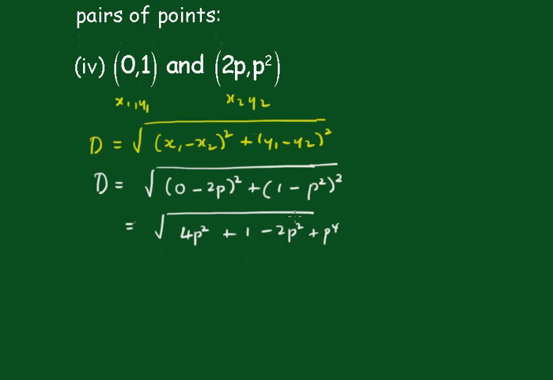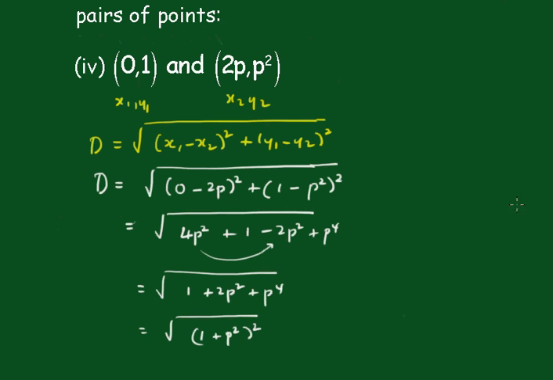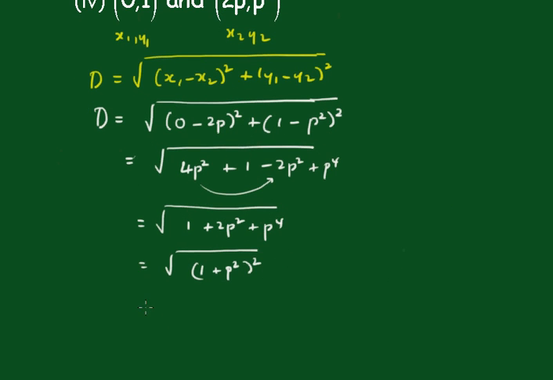Now note, this is a perfect square, so we add this one to this one, we get 1 plus 2p squared plus p to the fourth, which of course is the square root of 1 plus p squared all squared, so you get the result of 1 plus p squared, or p squared plus 1.